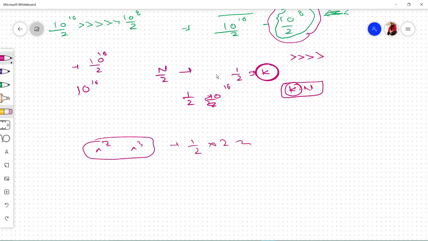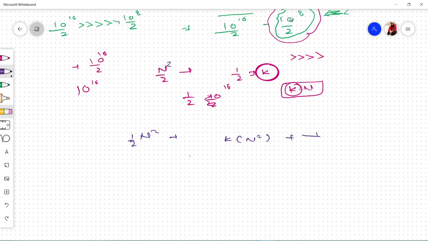So what we have now is n square, not half, because we took the square there. So k n square, and as you know, we declare the time complexity using big O notation, and then we insert the time complexity.